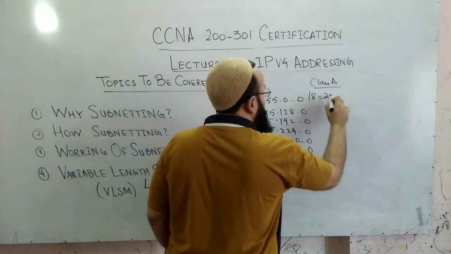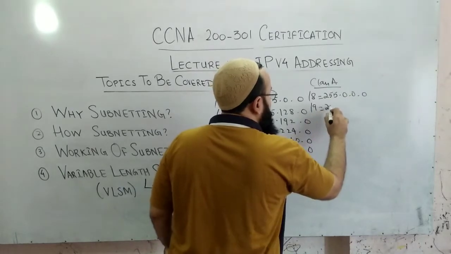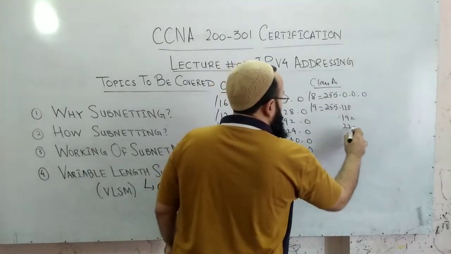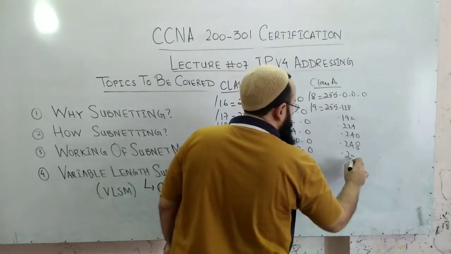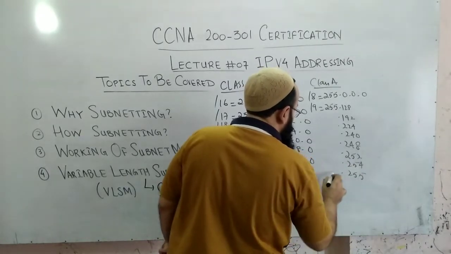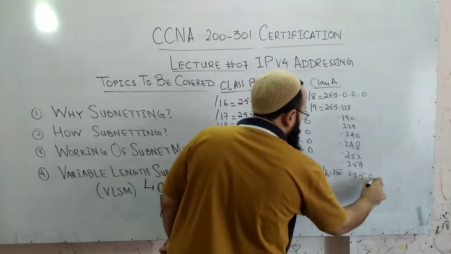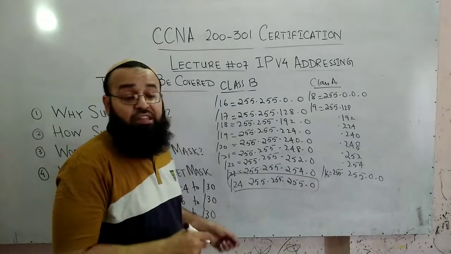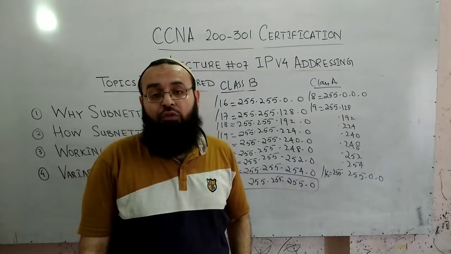So what will /8 be? 255.0.0.0. Then /9, turning on one bit, 128, then 192, 224, 240, 248, 252, 254, and then 255. This will be equal to /16, 255.255.0.0, then starting again from /17 till /30. So this is the way to calculate variable length subnet masking for different classes.